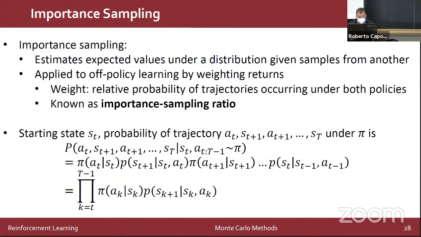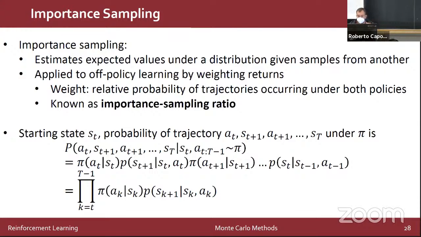So these are telling the target policy how important a certain data is. How do you get to this kind of information? What is the derivation of these importance sampling ratios?